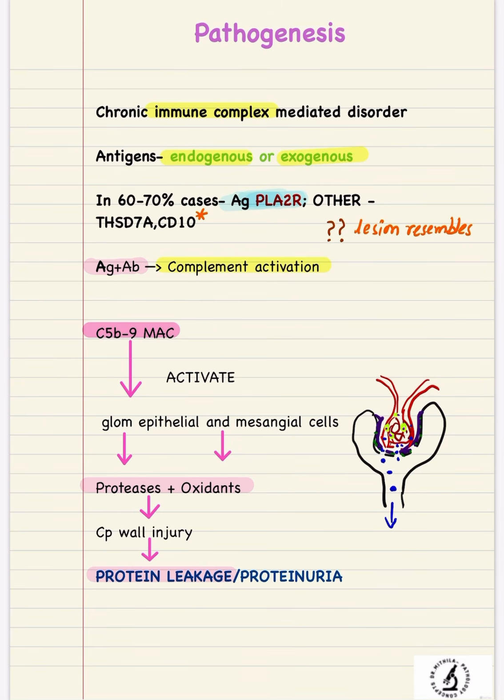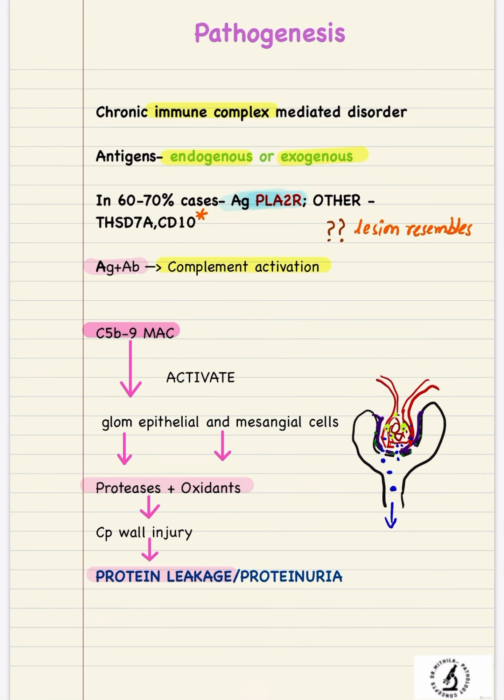When the complement system is activated, the membrane attack complex is formed. This further activates the glomerular epithelial cells, that is the podocytes, and the mesangial cells. These cells release proteases and oxidants, which cause damage to the glomerular capillary wall.